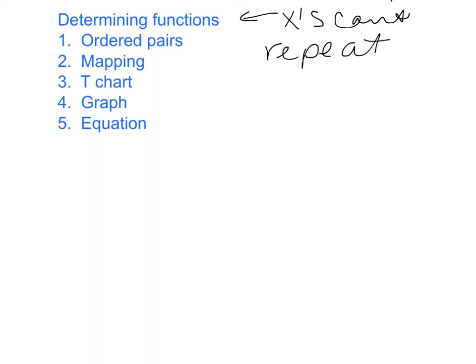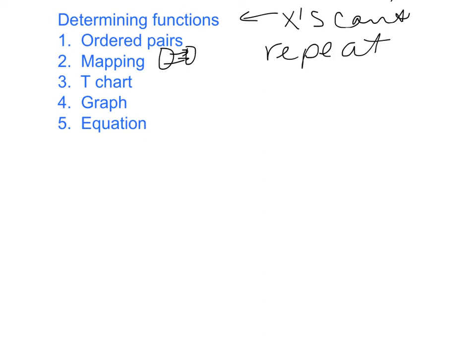If you look at ordered pairs, that's kind of obvious when you're looking at it. Mapping, remember, was the input and the output where the arrows went over. So you knew if it had a double arrow on the input, which is the one on the left, then you know that it was not a function. The t-chart, just like any other t-chart that you're used to doing whenever you're making graphs, the left side are your x values, and those can't repeat.